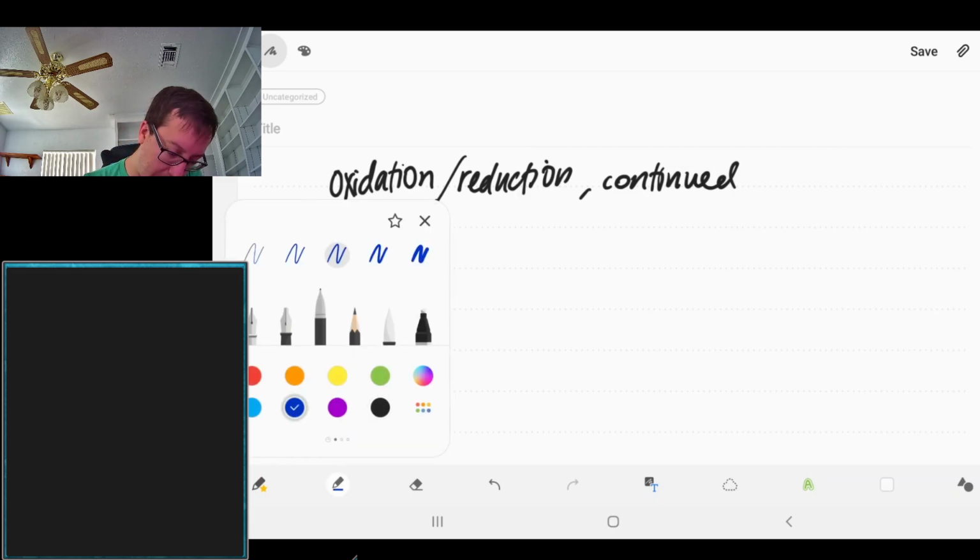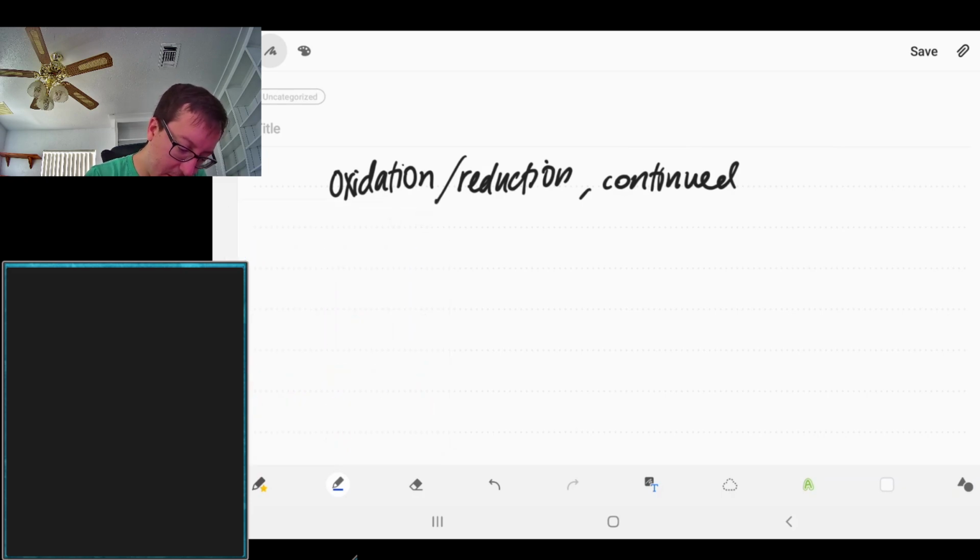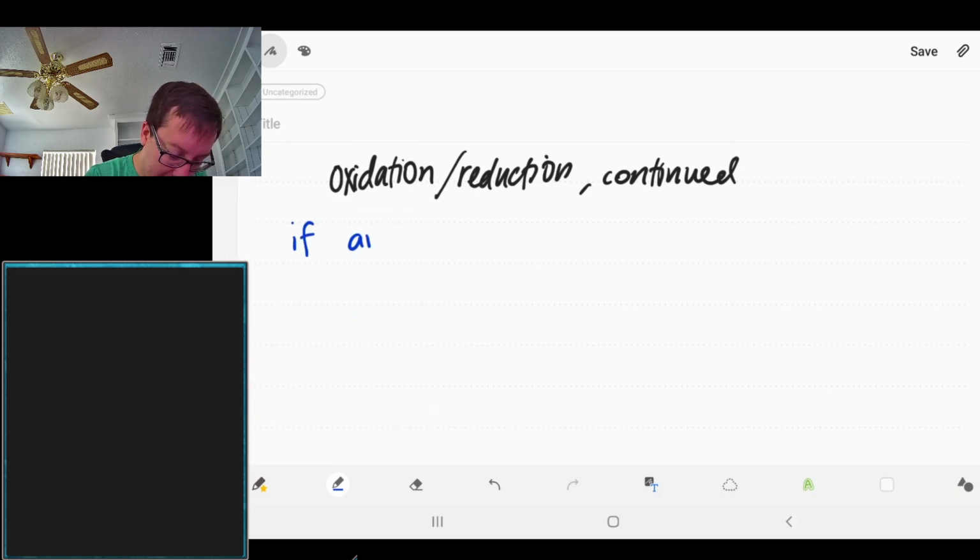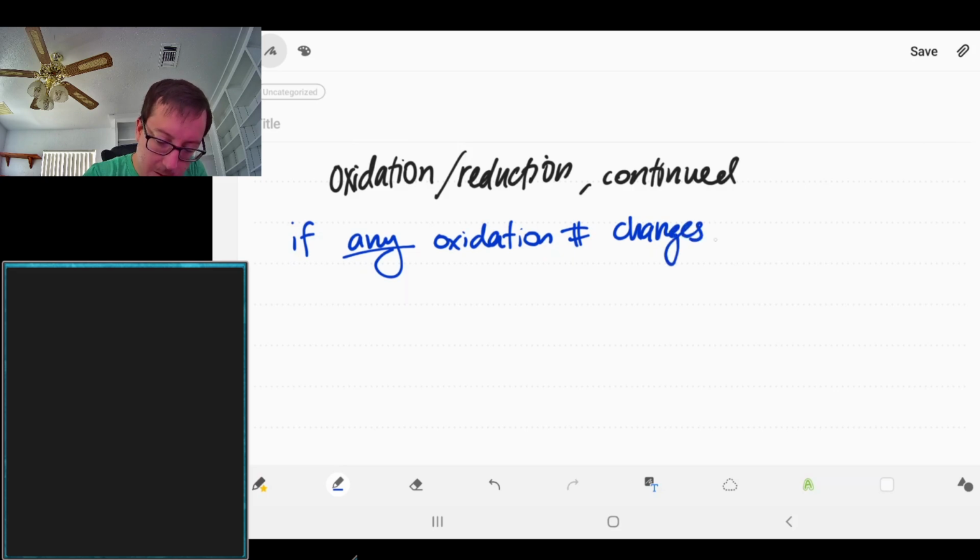Just so we have a formal definition, if any oxidation number changes during a reaction, it must be a redox reaction.